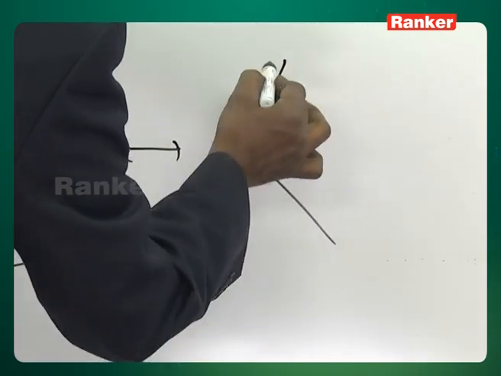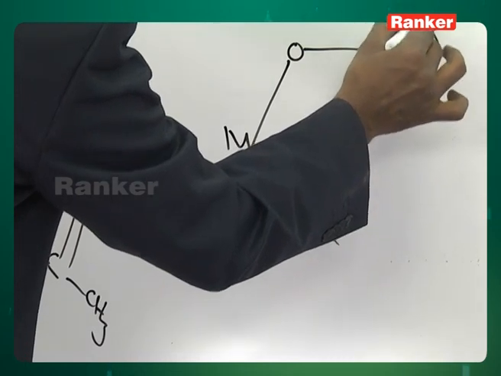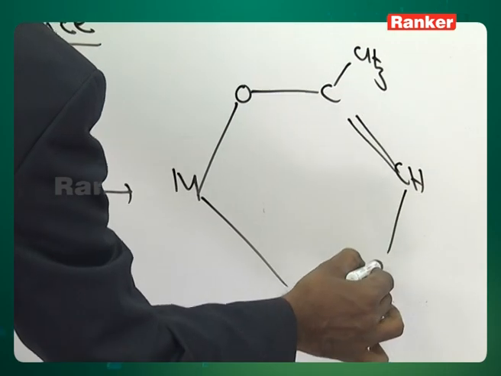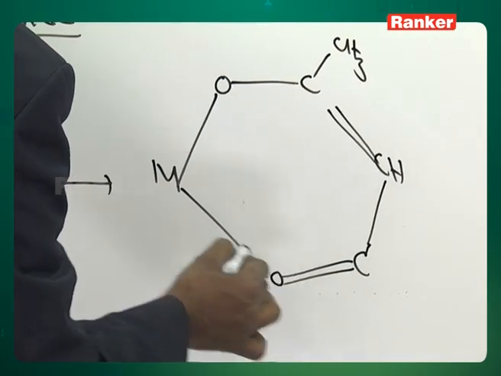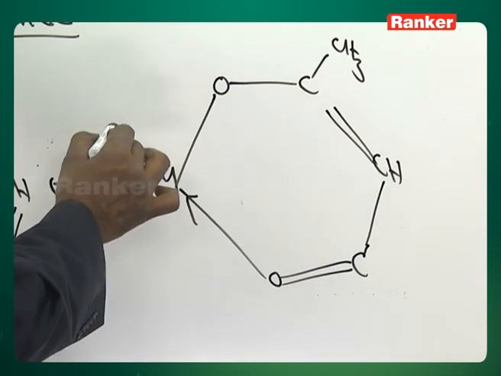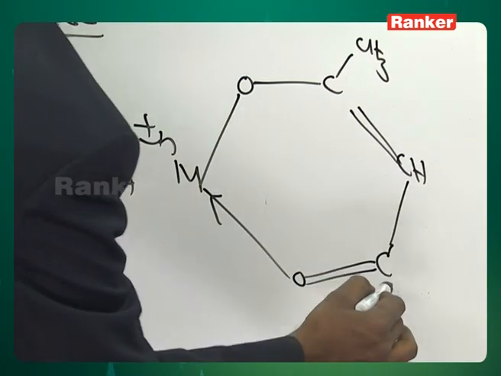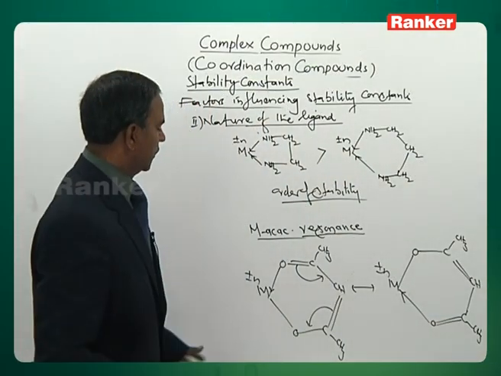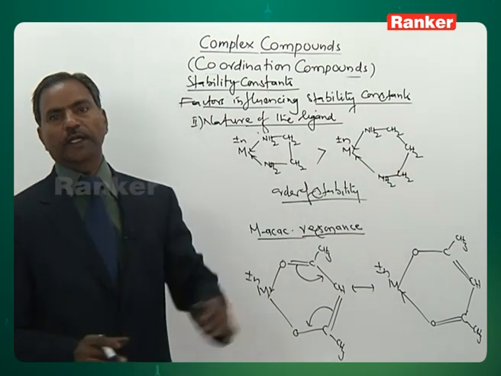See the next resonance structure, single bond, double bond, CH, C, double bond, make it a coordinate bond, and it is CH3. See, this is a 5-member ring, more stable than 6-member, provided both the rings are saturated.